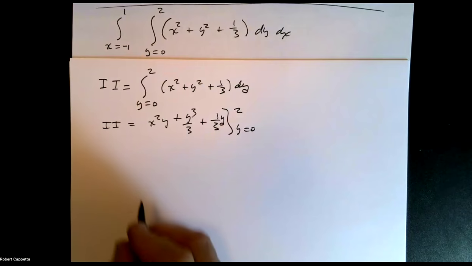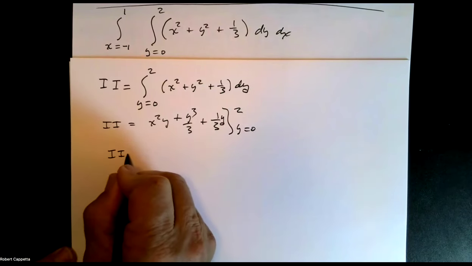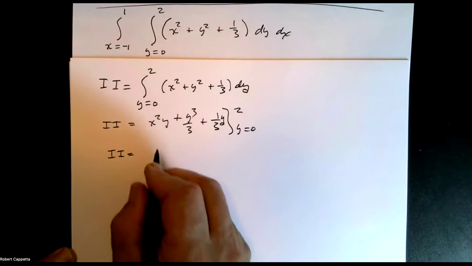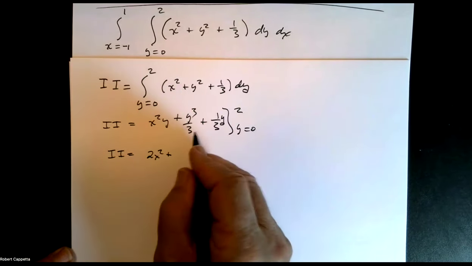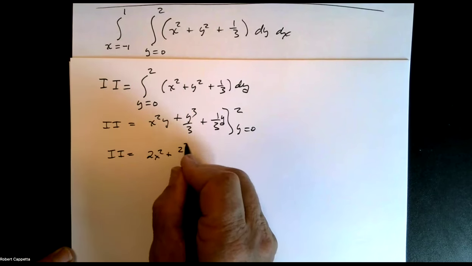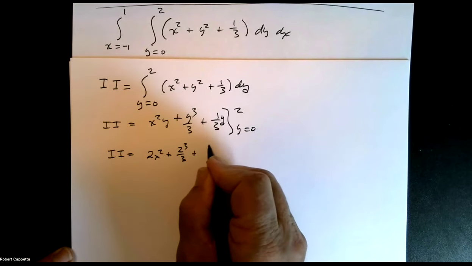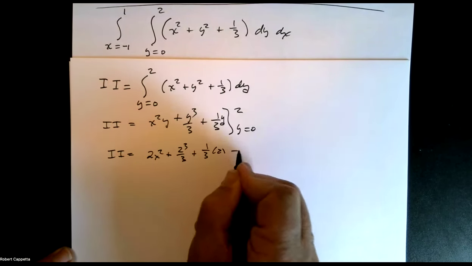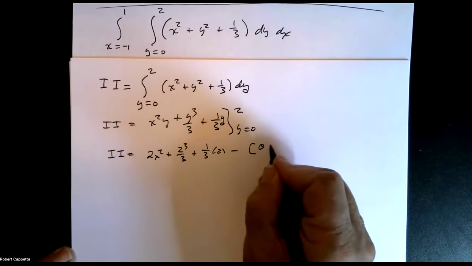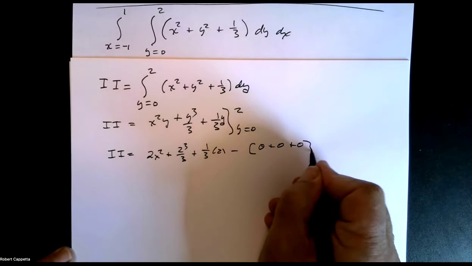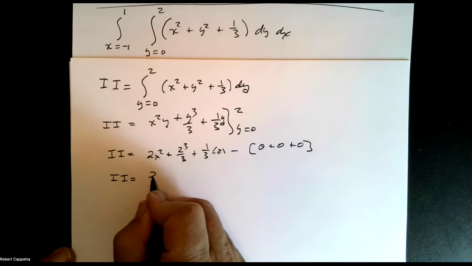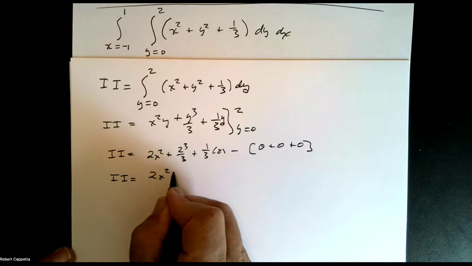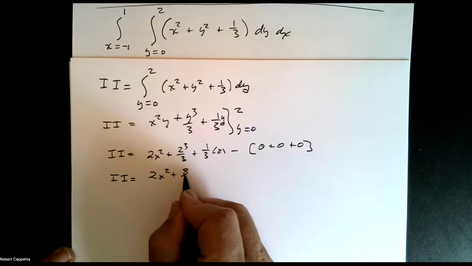Now plugging in the 2, what do we get? We get x squared times 2, which would be 2x squared, plus 2 cubed over 3, plus 1/3 of 2, minus 0 plus 0 plus 0, so that our inner integral becomes 2x squared plus 8/3 plus 2/3.